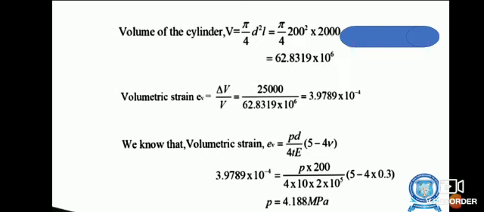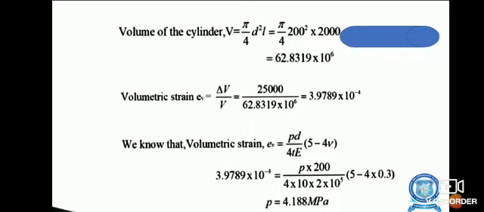The volumetric strain Ev is equal to PD divided by 4tE into 5 minus 4 mu, so 4 into Poisson's ratio, that is 4 mu. P means pressure, D means diameter, t means thickness, E means Young's modulus. So we apply all the values inside the formula.